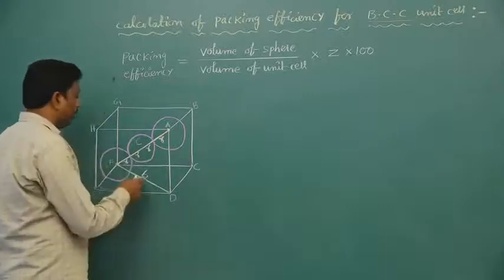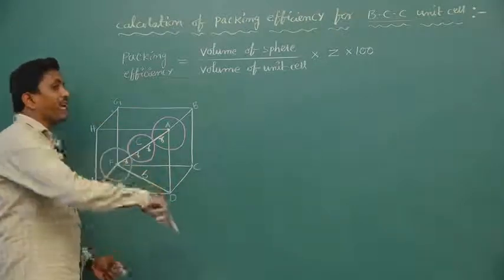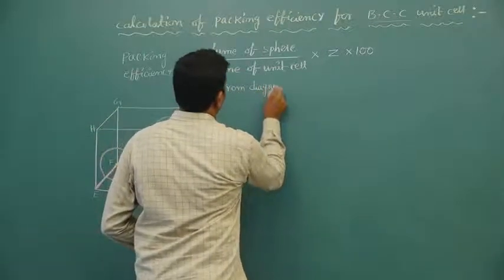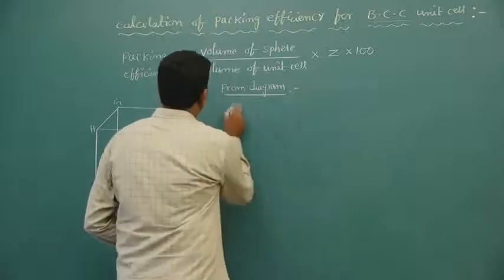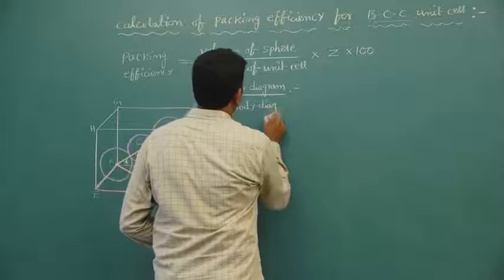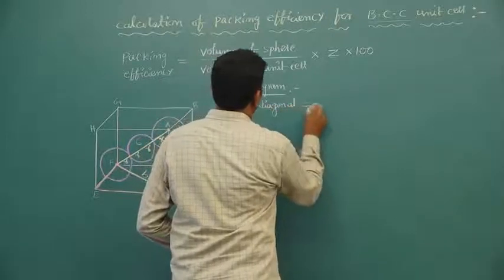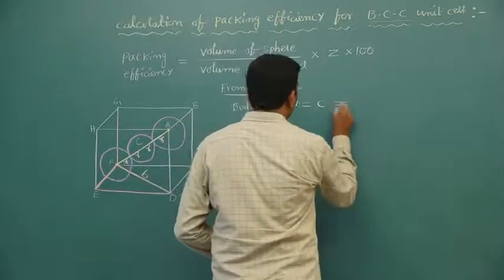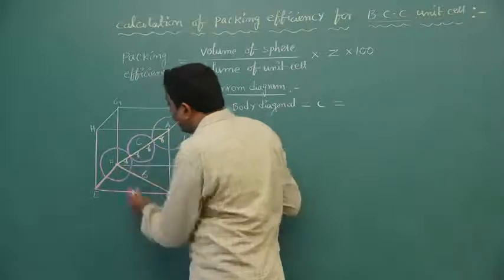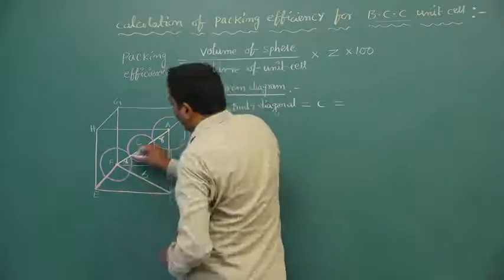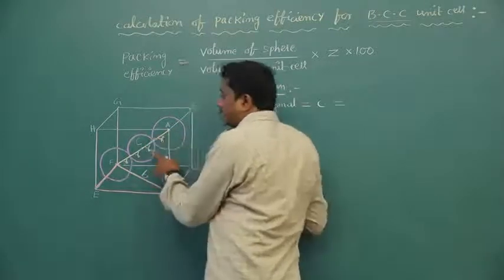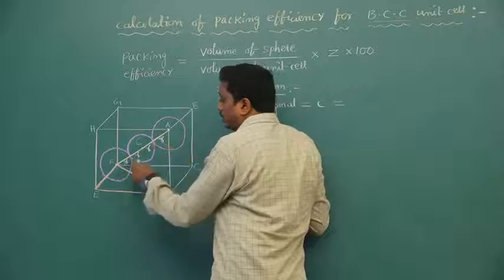Now we need to calculate B and C in terms of A from the diagram derivation. Body diagonal C in terms of radius: from here to here it is the radius of the sphere, and again the radius, and again.